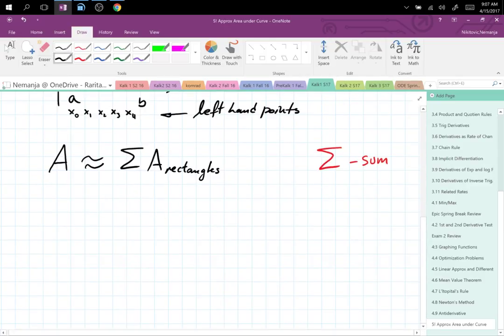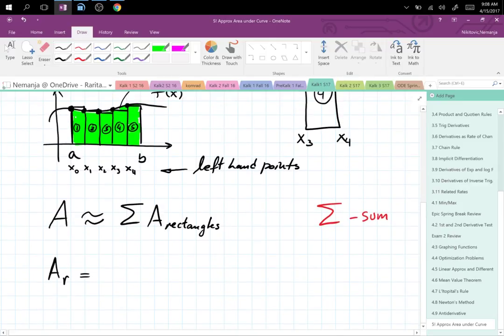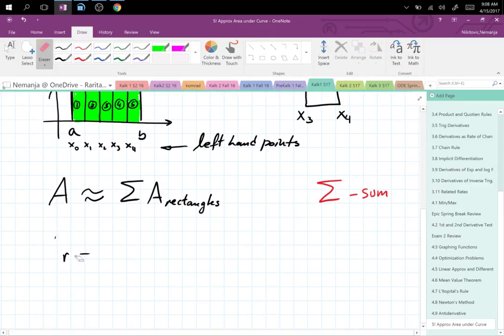I can say that the area of each rectangle, I'll just call it AR, is equal to, oh, I did not define one. I need to define one more thing, and I'll define that: delta x is x_n minus x_(n-1).